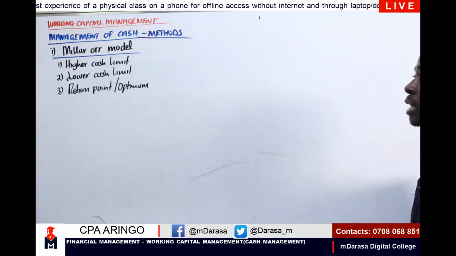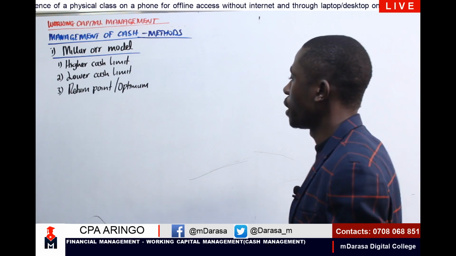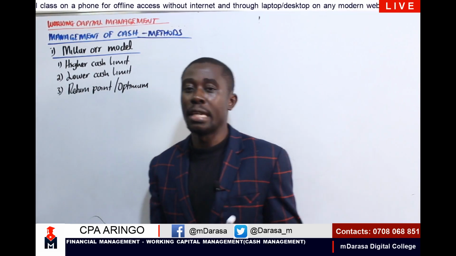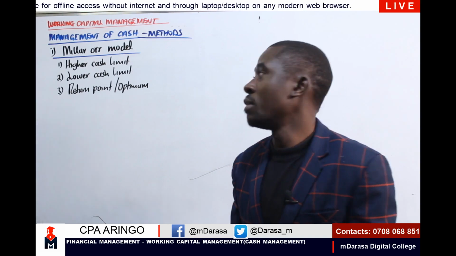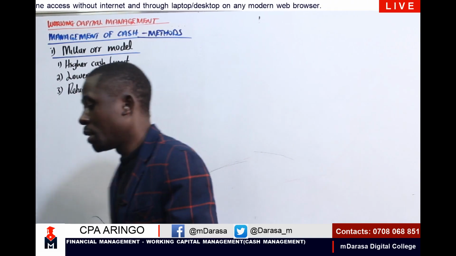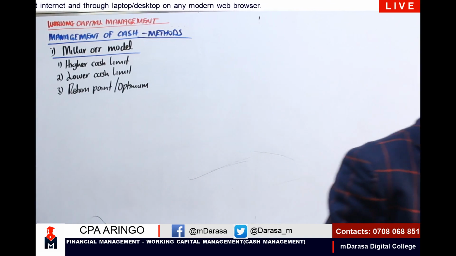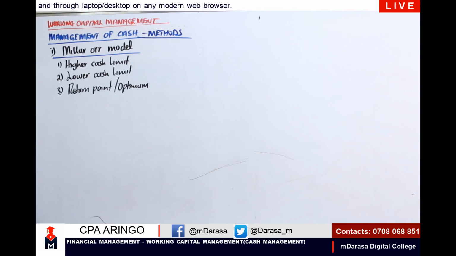So under Miller-Orr model, our cash levels or limits, you're going to have three. That is, of course, higher cash limit, lower cash limit, and return point, which many a times we normally also refer to as Z point, which is very important.